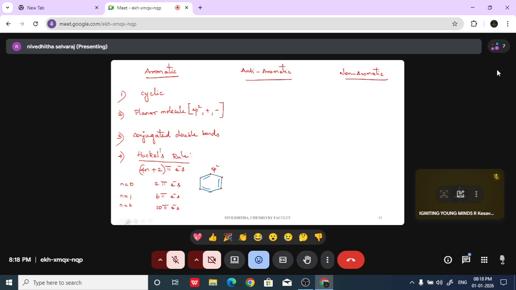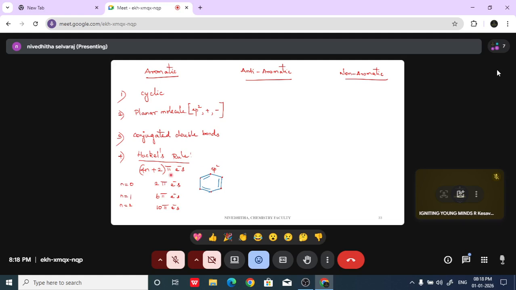A conjugated double bond means we should have double bonds and single bonds in alternate positions. See, double bond, single bond, double bond, single bond, double bond, single bond. So this has conjugated double bonds also.